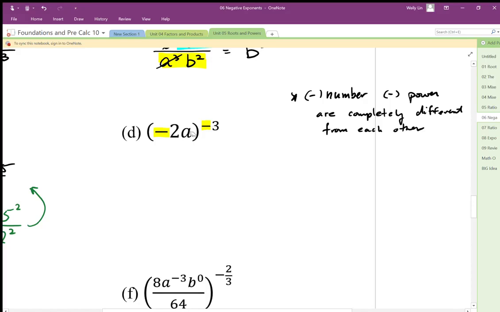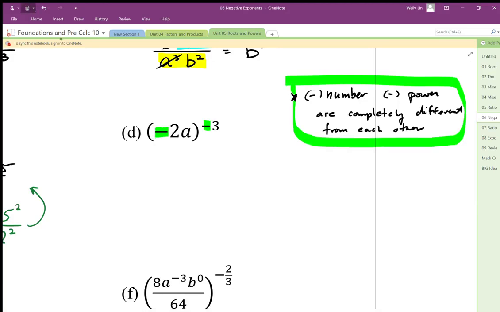Okay, in fact, I'm going to use a different color. I don't want to confuse anything with the top there. This and this have no interaction. So I'm going to even write that there. No interaction. Okay, so they are completely independent of each other, and one will not affect the other.